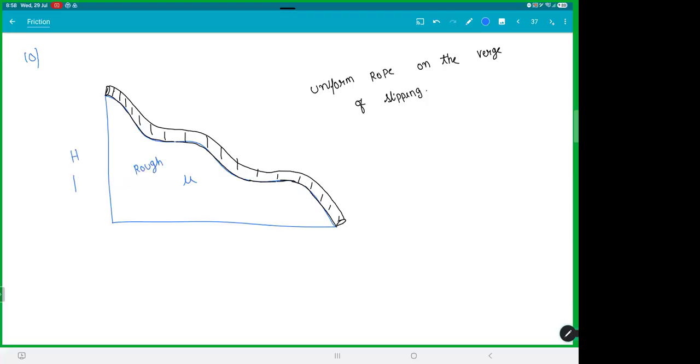The height is h and the base length is L. Find mu. Nothing is given. Mass of the rope, length of the rope. It's a uniform rope, that much we know.